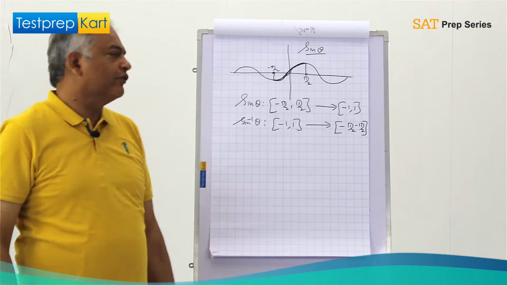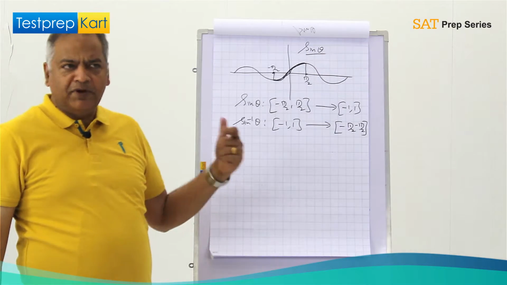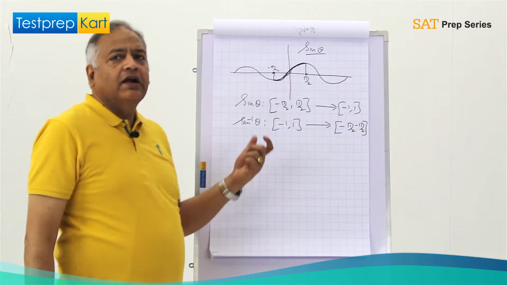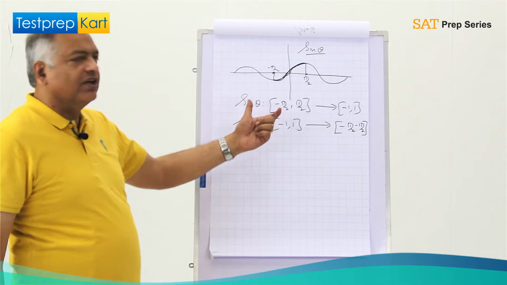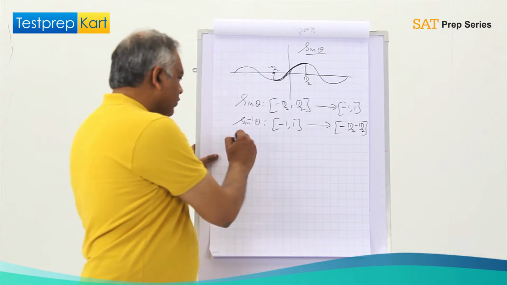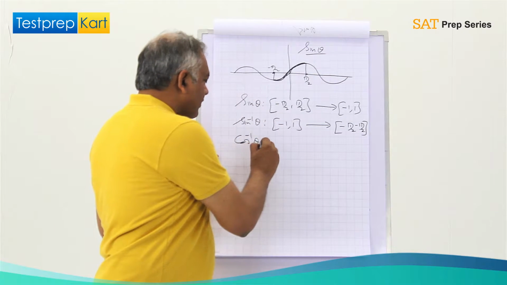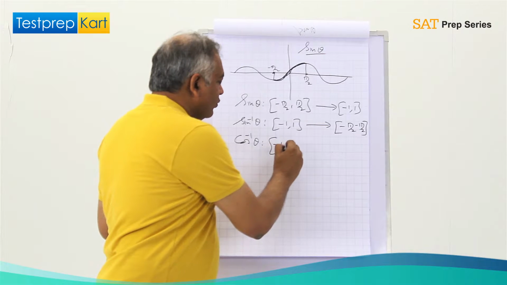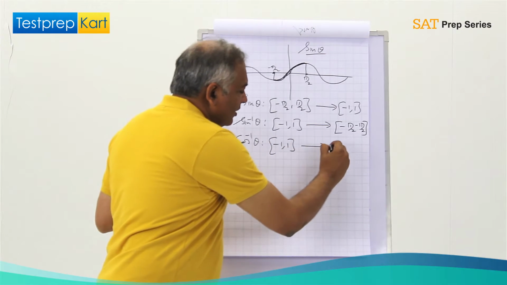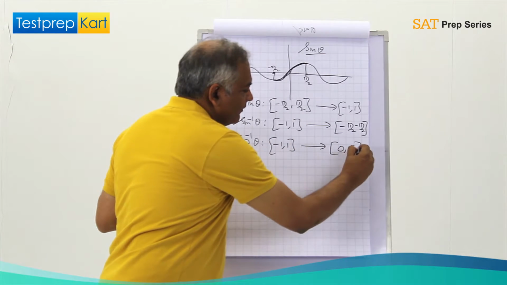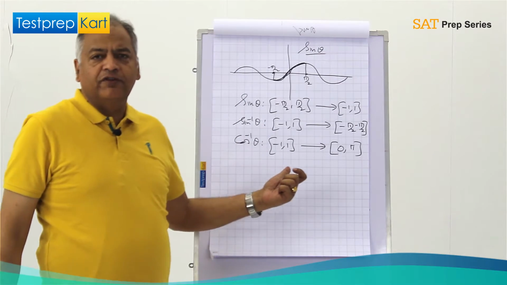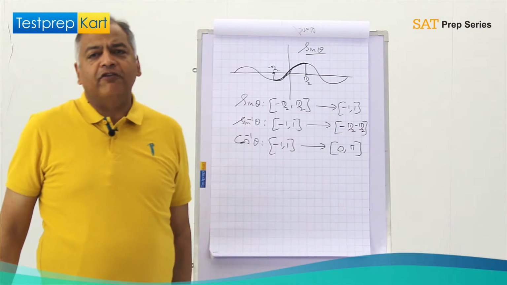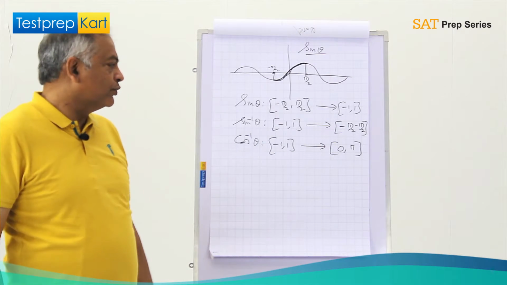Likewise, for cosine inverse, same logic, same principle: curtail the domain of cosine theta in such a way that the function is one-one and onto. And therefore, cos inverse theta will be from negative 1 to 1, and this time the range will be 0 to pi. So that's our cos inverse function. Likewise, one can define other trigonometric inverse functions also.